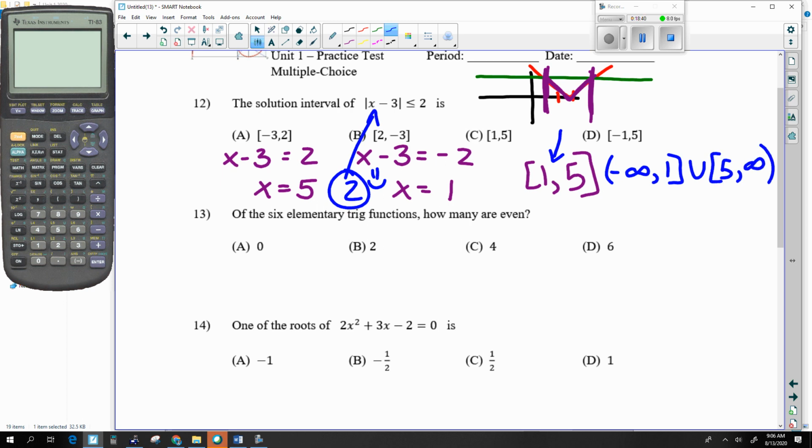That's what I'm really testing, which one is correct. Is the purple correct, or is the blue correct? The purple is correct because of my test point of 2. 2 came out with a valid result. So which of these two intervals includes the number 2? It'd be this 1 to 5.